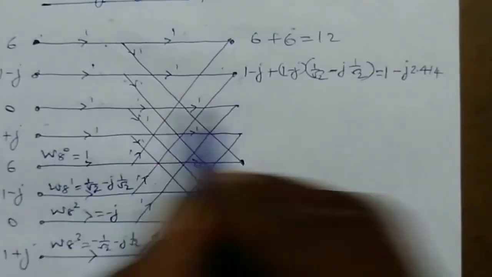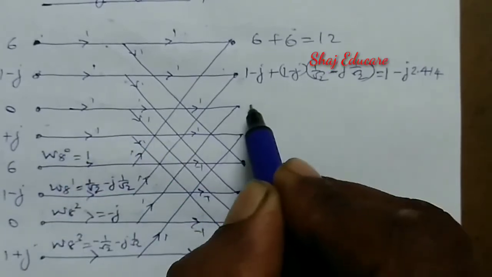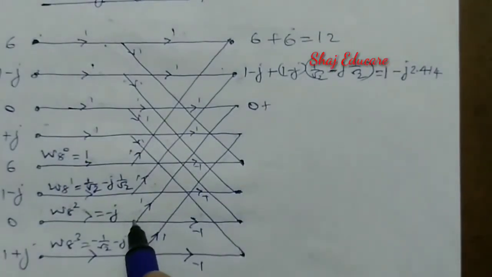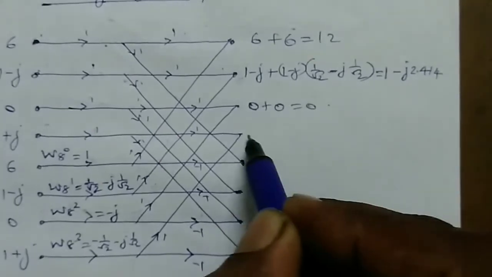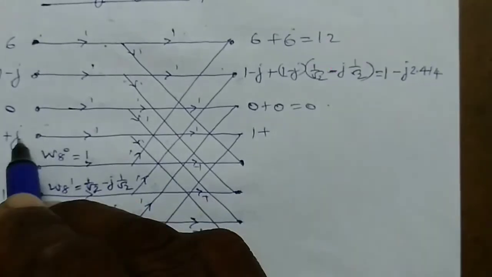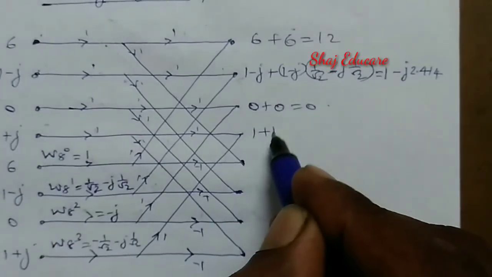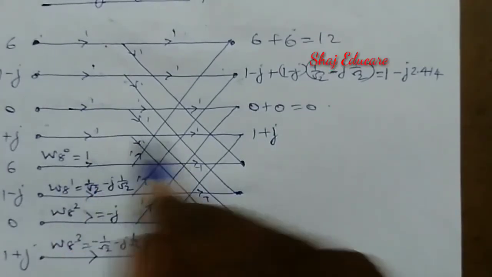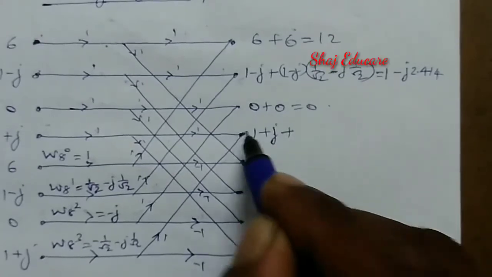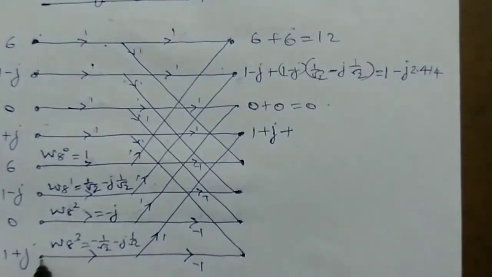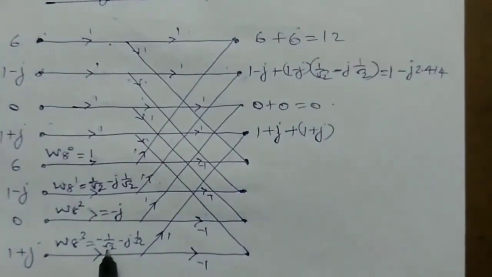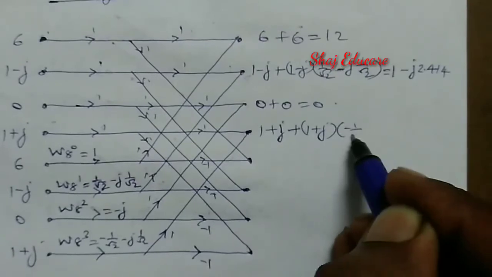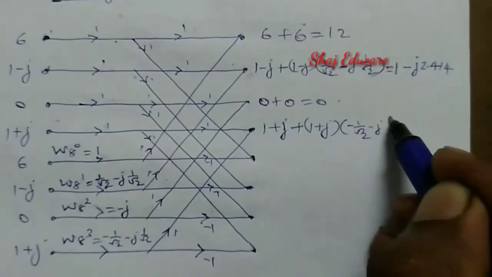Okay, now here we have 0 plus another signal is coming from 0 into this one, so now that will vanish. Okay, the result will be 0 here, and here we have 1 plus j into 1, that will be 1 plus j itself, plus another signal is coming from this side, 1 plus j into twiddle factor minus 1 by root 2 minus j 1 by root 2.